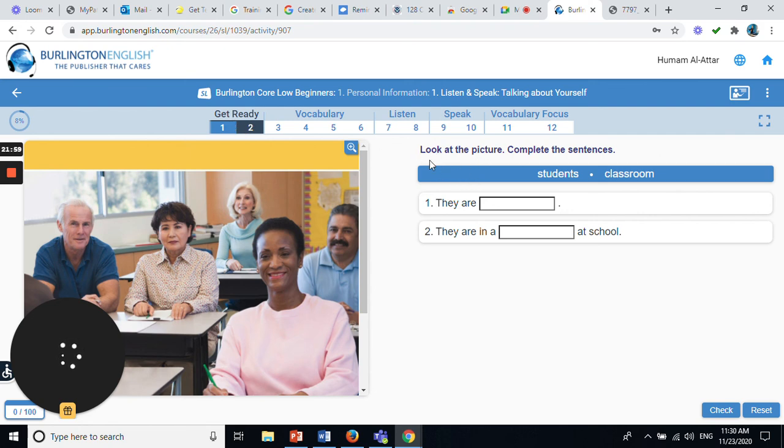You look at the instructions. It will tell you here, look at the picture and complete the sentences. Now this can be easy for some of you, but for some of you, it can be confusing or a little bit hard. So number 1, it says they are what?